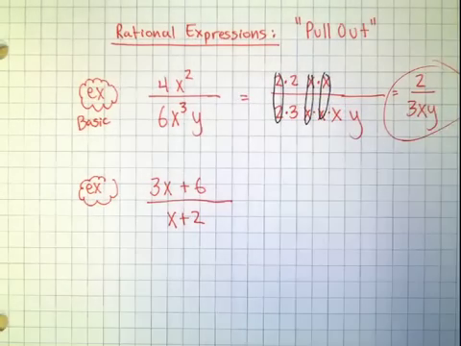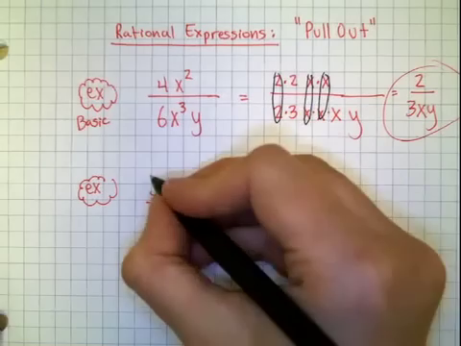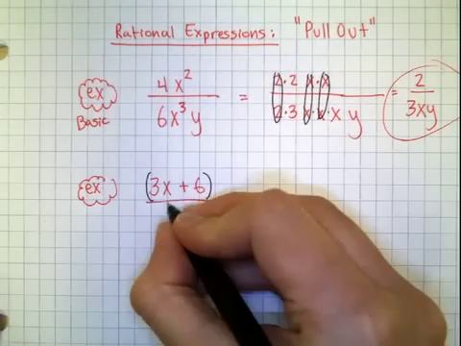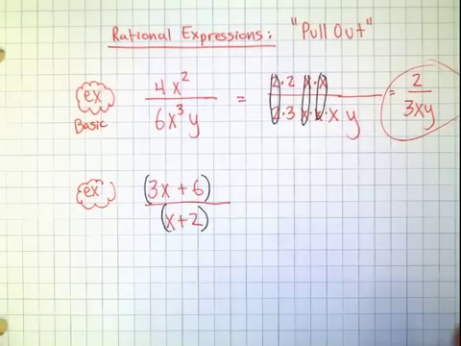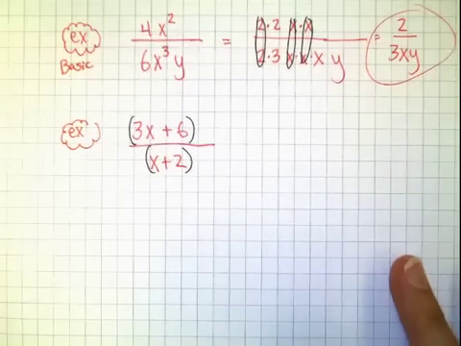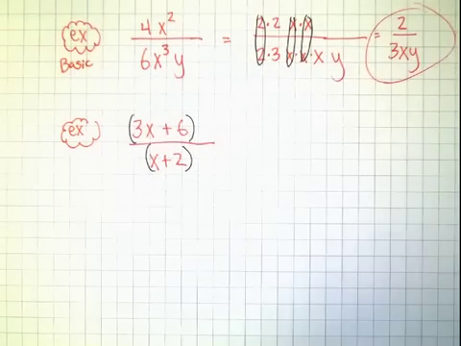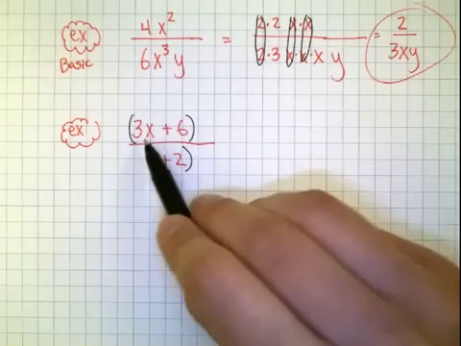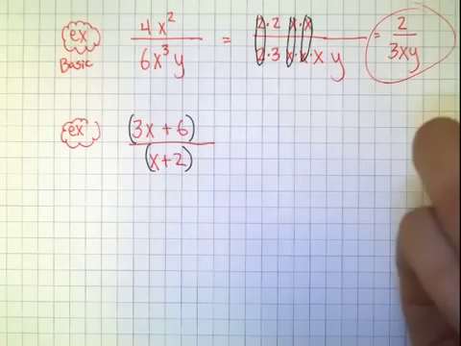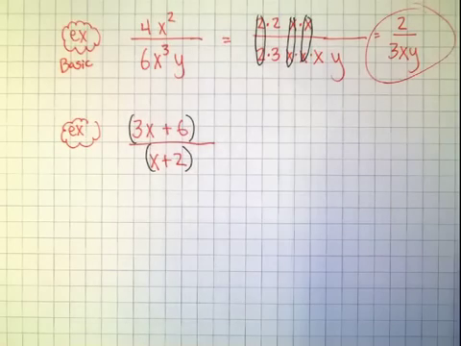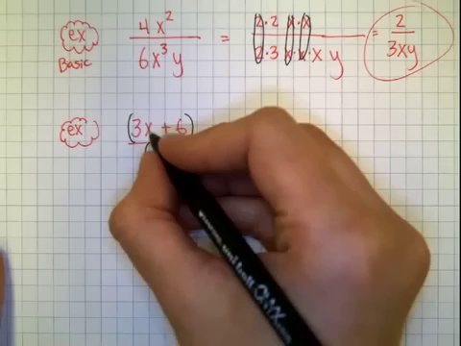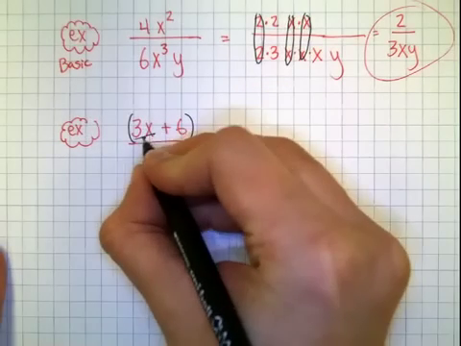In fact, what I want to do is see that this is grouped together. 3x plus 6 and x plus 2 are groups. You can't cancel out a group unless they match. So I've got to study these groups. 3x plus 6. Is there a number I can divide both 3 and 6 by? We call this a number I could pull out of them. Well, I could divide each of these by 3.